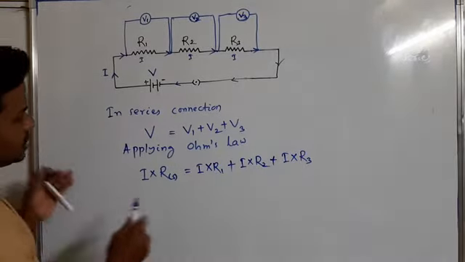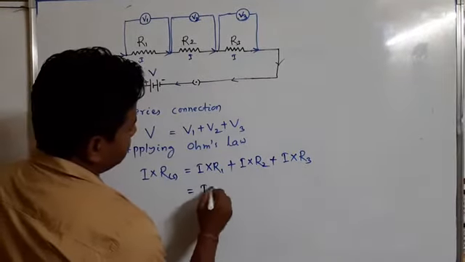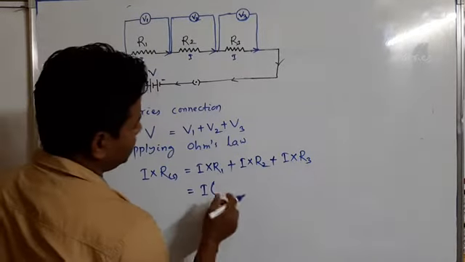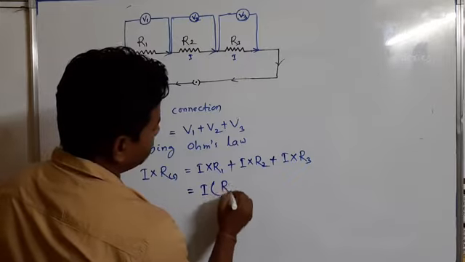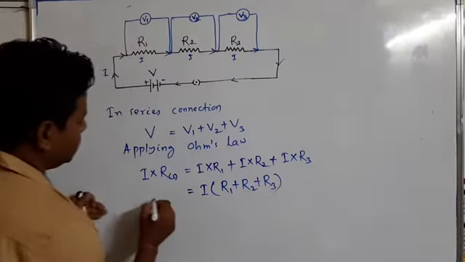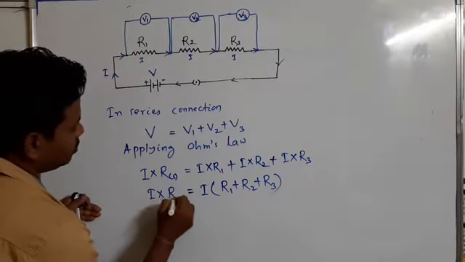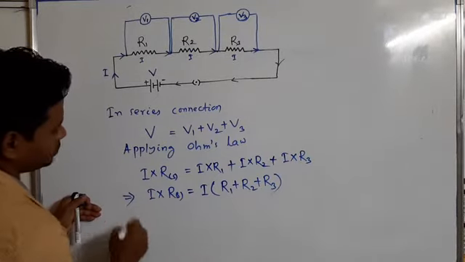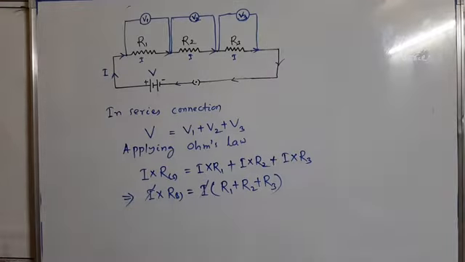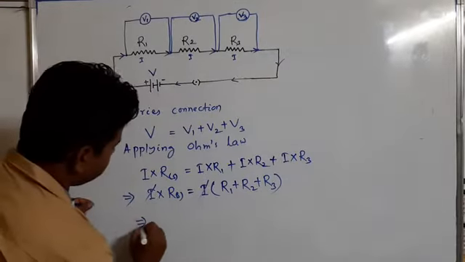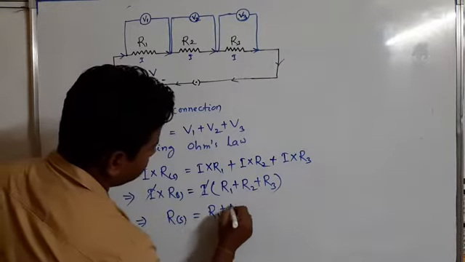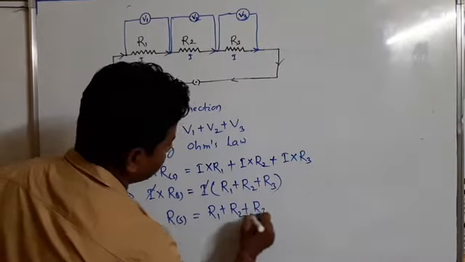The next step is to take I common, because I is common in all three. So if we take I common, it will be R1 plus R2 plus R3, which is equal to I into RS. Since I is on both sides, we can cancel I. So we got RS equal to R1 plus R2 plus R3.